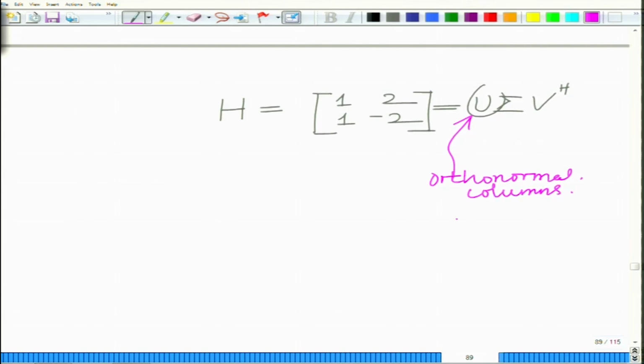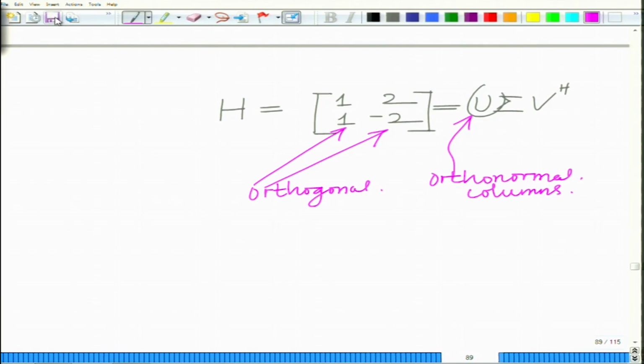Now we can already see that these two columns are orthogonal to each other.